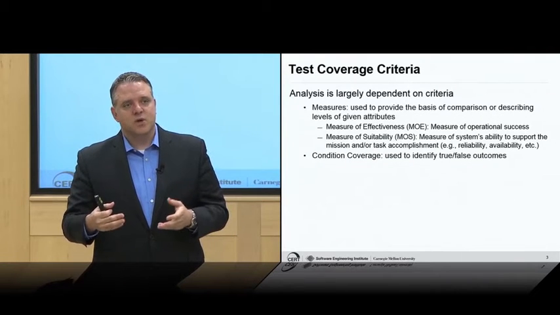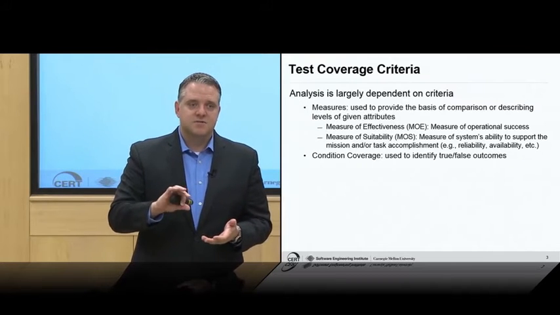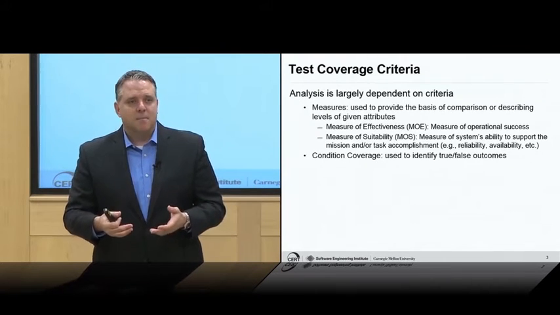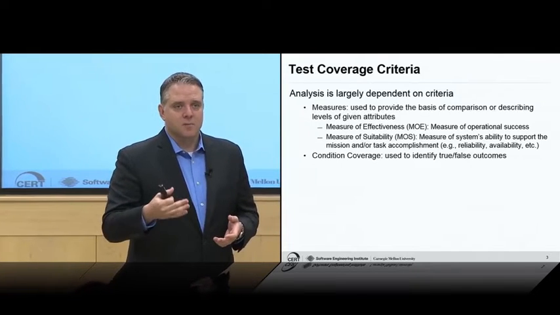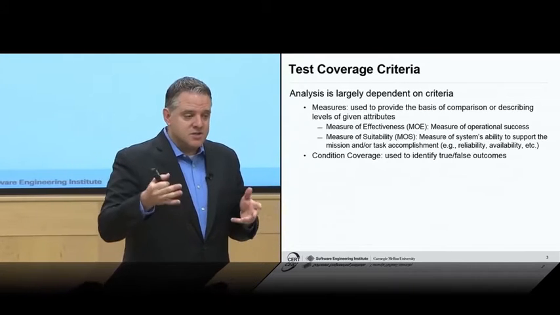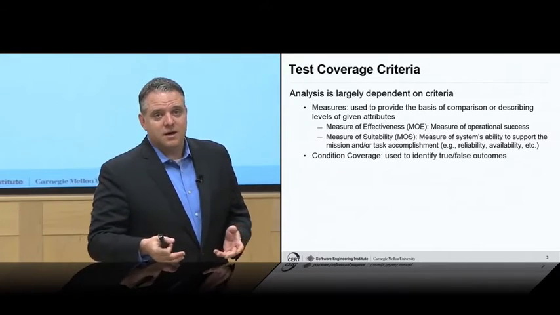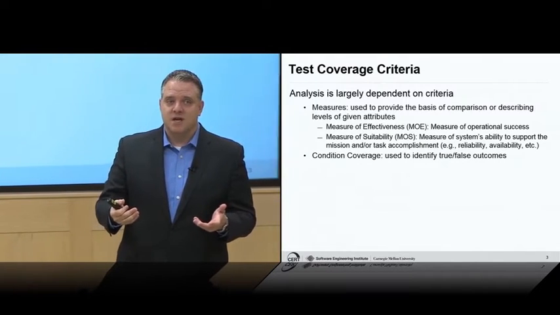The analysis is really built around a couple different aspects, measures and conditions. Measures of effectiveness go towards understanding whether the program meets operational success. Simply put, does the program work? If that's the case, then I've met my measures of effectiveness for operational success.